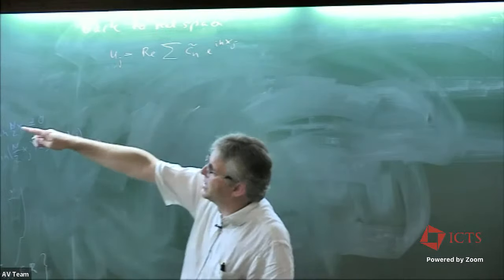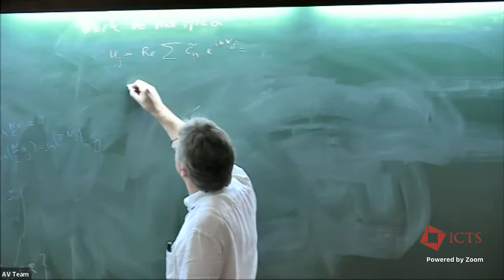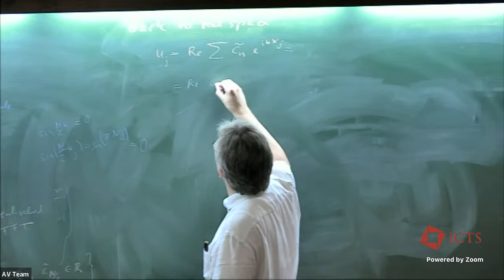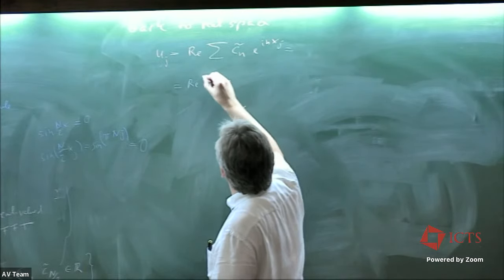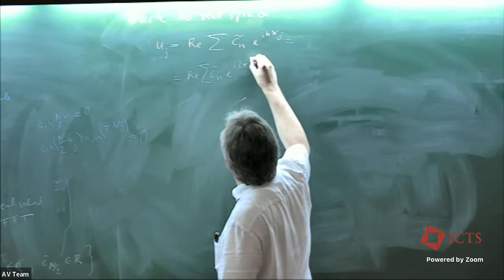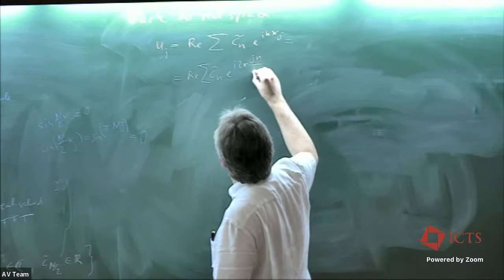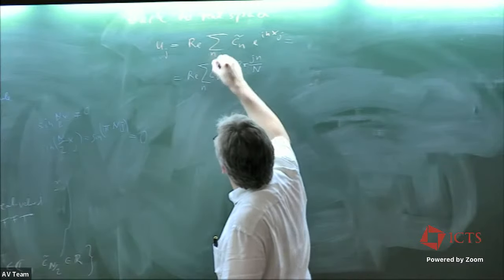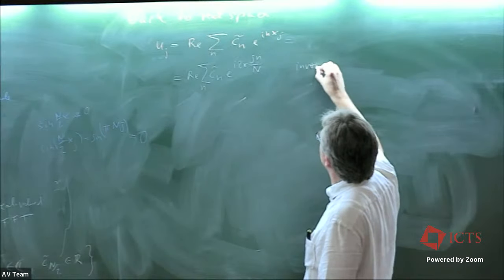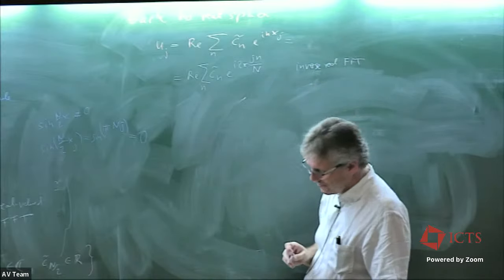And if I put in my x_j, this is going to be the real part of c_n tilde e to the i 2 pi j n over N. And this is just the inverse real FFT.